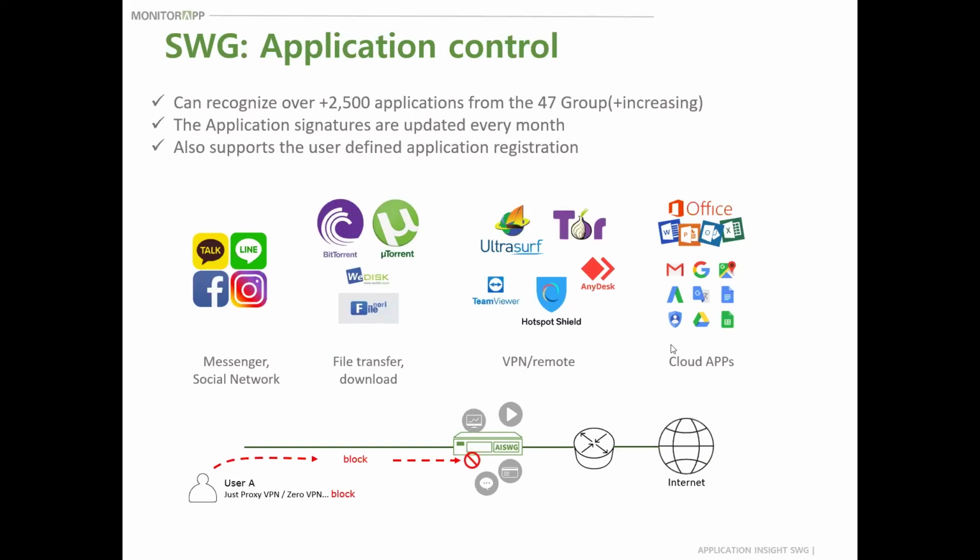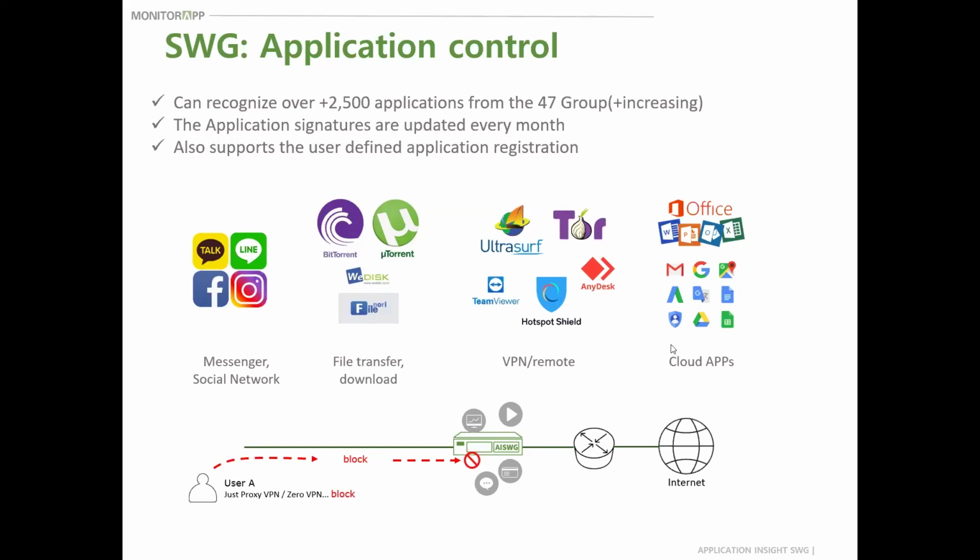Application usage control. Per your security policy, you may not allow the use of specific applications. Since SWG can understand over 2,500 applications, it's possible to control their usage. For example, not allowing the use of messengers during working hours, and not allowing P2P or file transfer applications, etc. This is possible because SWG can inspect all the inbound and outbound traffic, as I mentioned earlier.